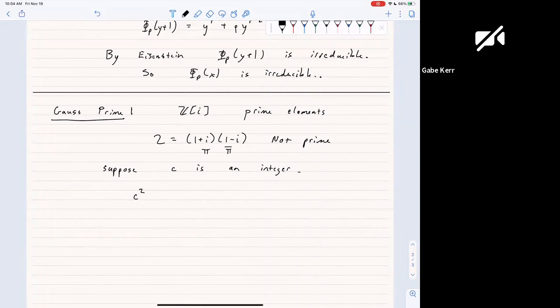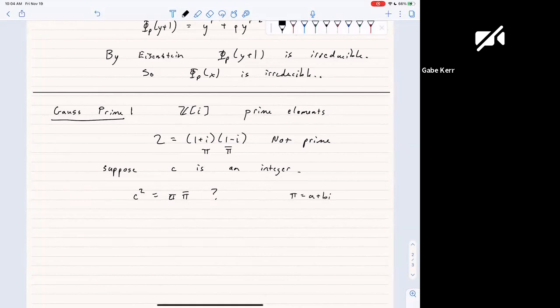You guys know conjugates? Complex numbers? I've talked about it. Like just take a plus bi, you turn it to a minus bi. So you could ask, well, let's say is c squared equal to pi times its conjugate? Well, if it is, then I can write pi equals a plus bi.